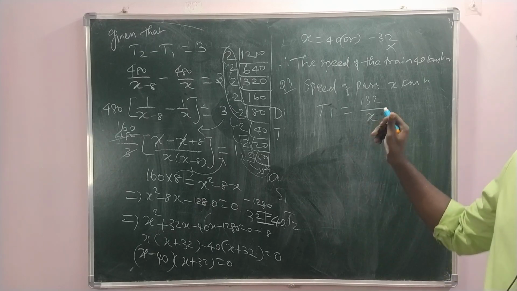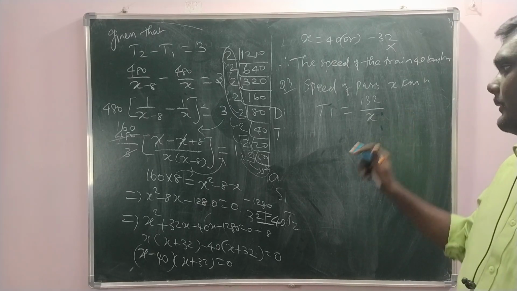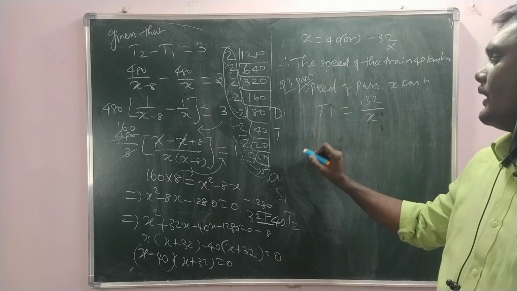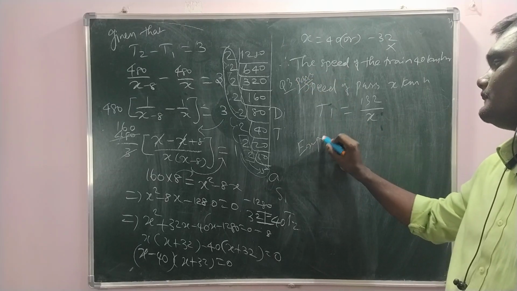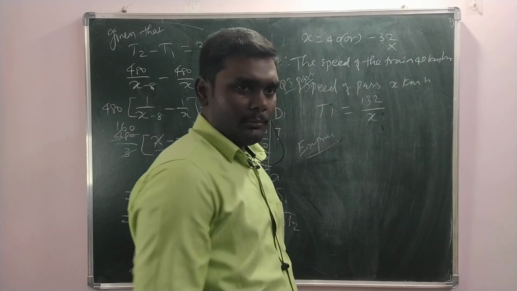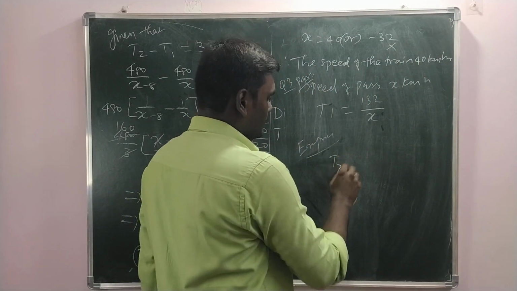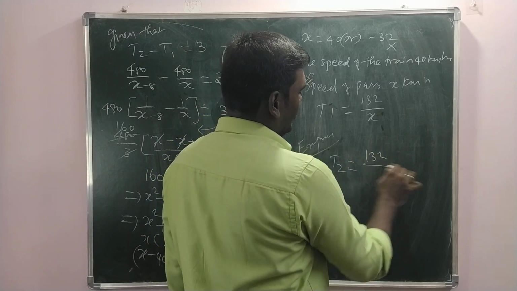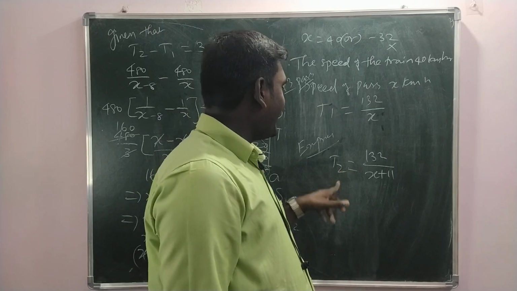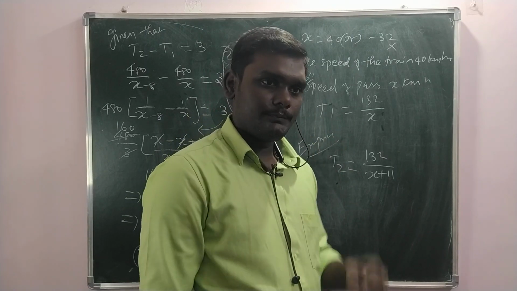Time taken by the passenger train is 132 by x. And then for the express train, what is the speed? It's 11 km more, so that is 132 by x plus 11. Now tell me whether it is T2 minus T1 or T1 minus T2.